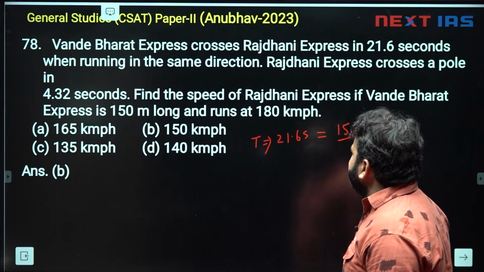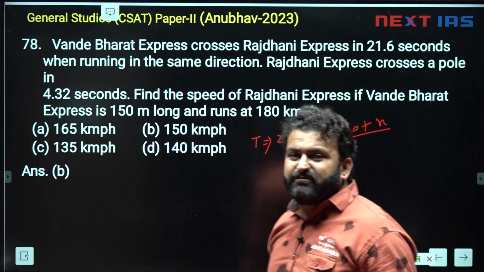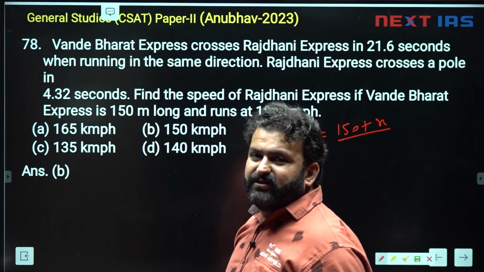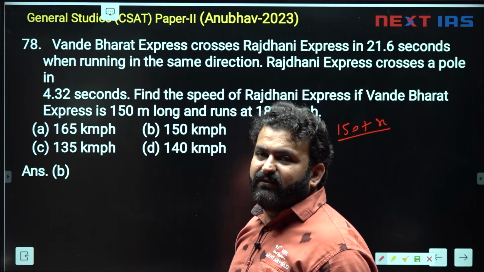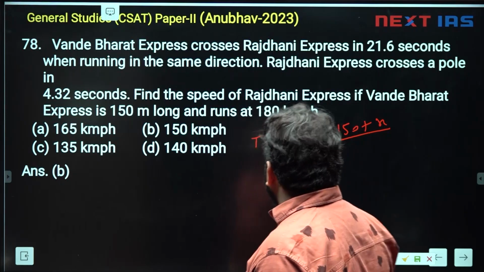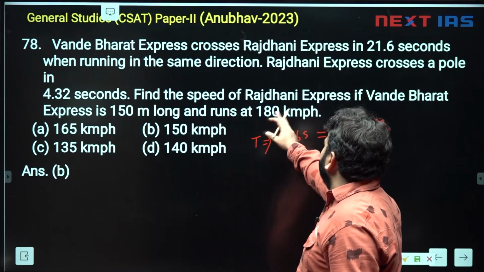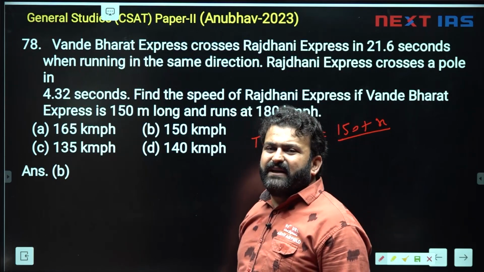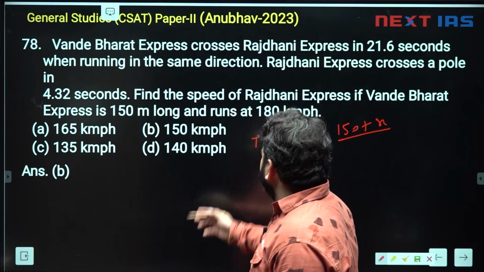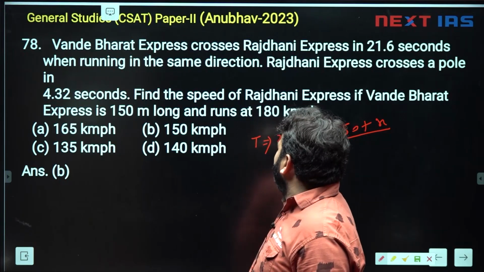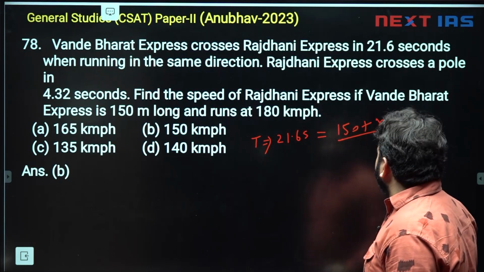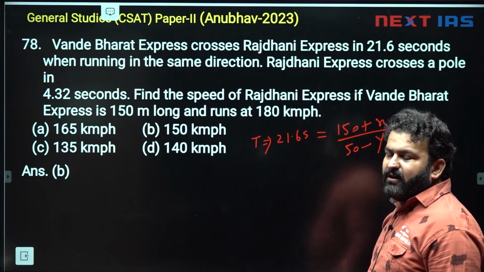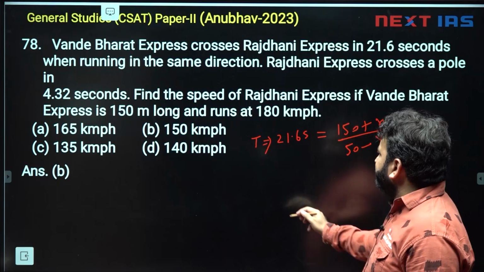So here Vande Bharat Express is crossing. Now whenever Vande Bharat Express is crossing, it means the speed of Vande Bharat is faster. So 180 km per hour, you just convert it into meter per second. Just multiply by 5 by 18, so you get 50 meter per second. So upon 50 minus y, I am taking the speed of the Rajdhani as y.